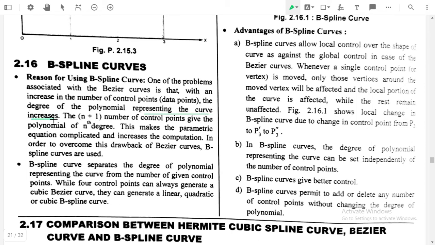As we discussed, a curve containing 10 data points requires a polynomial of degree 9. If there are n plus 1 data points, the polynomial has nth degree.